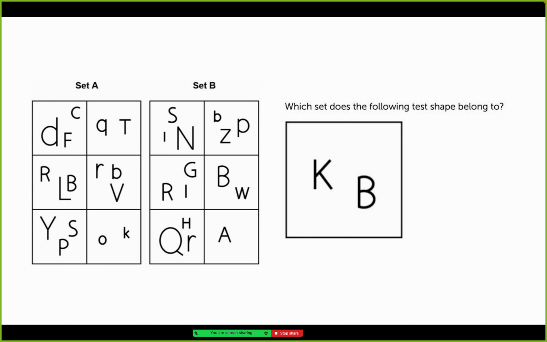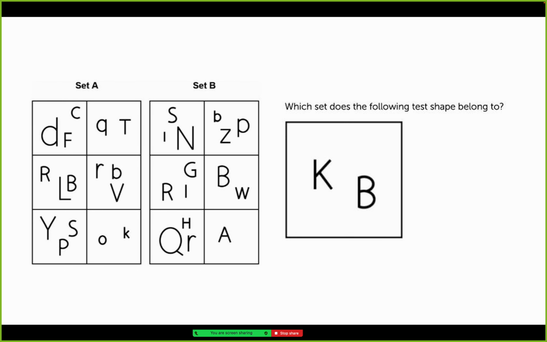So in set A, I'm looking at the top right box, and there seems to be more straight lines than curves. So I'm looking at the other ones just to make sure, and that seems to be the case. There's always more straight lines than curves.